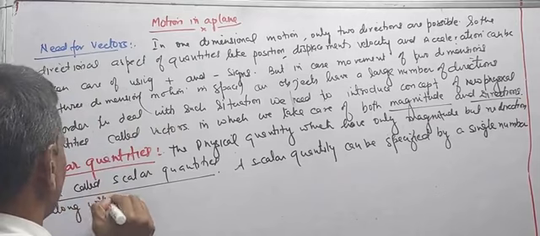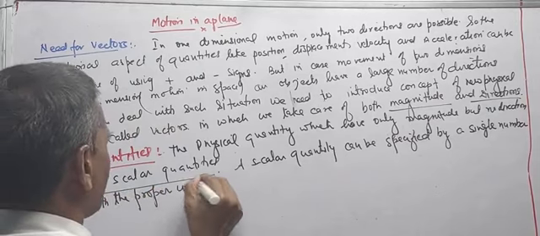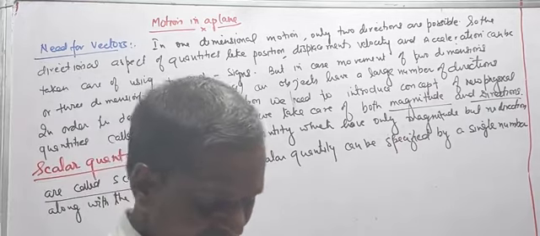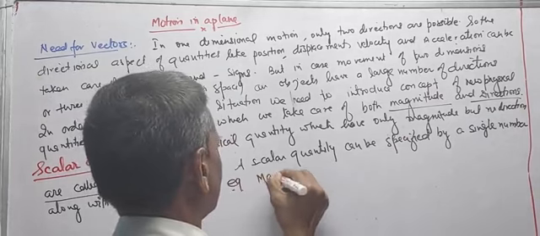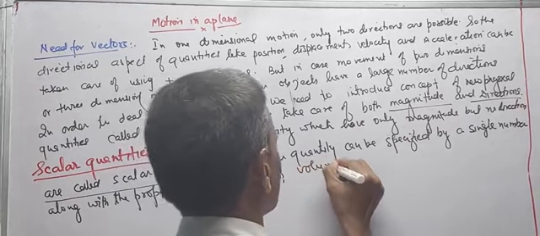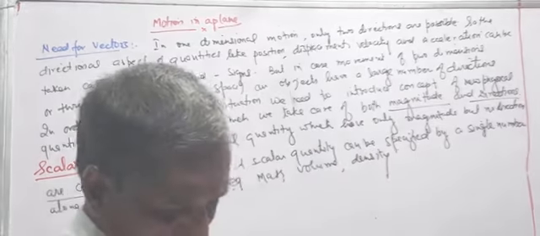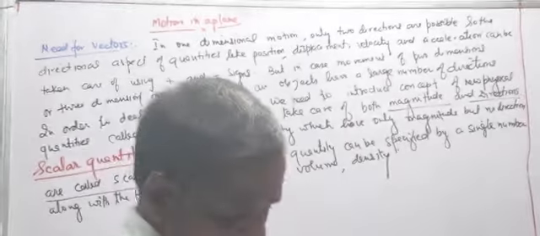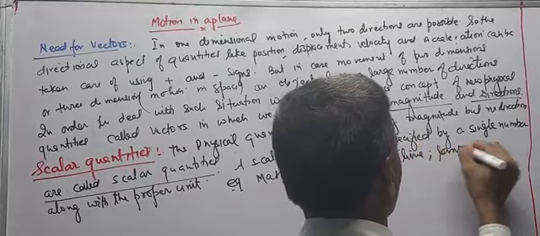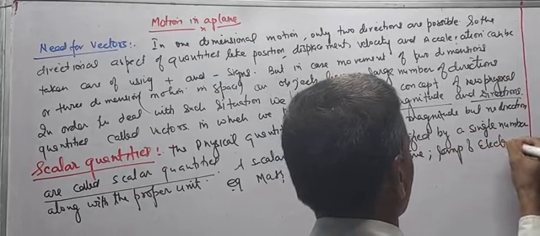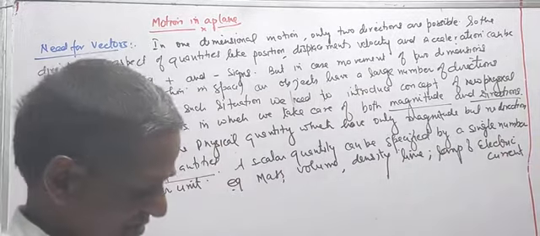For example, mass, volume, density, time, temperature and electric current are scalar quantities.